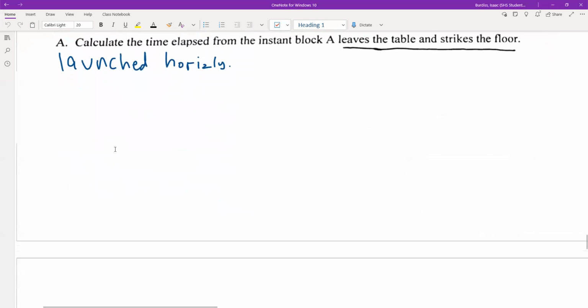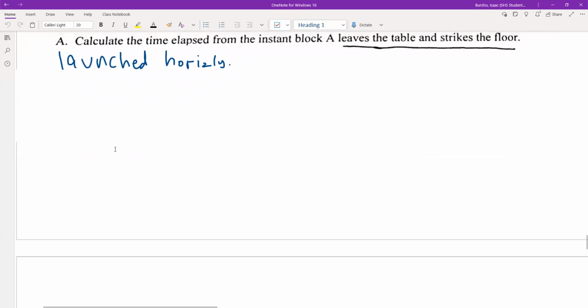And in kinematics, we would end up using the equation final y equals initial y plus initial velocity times t plus 1/2 acceleration times time squared. Okay, well, how do we find the time? So we know the final y is 0 because it's falling down, and the initial y is 0.8.